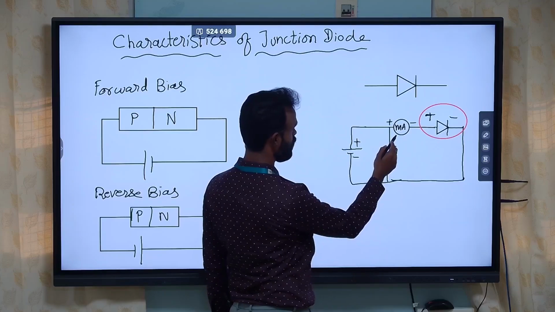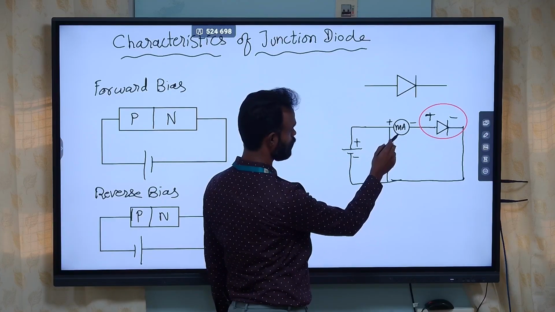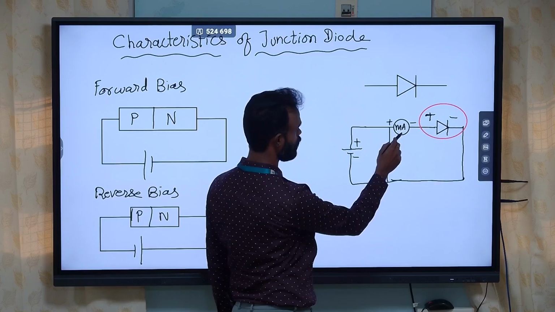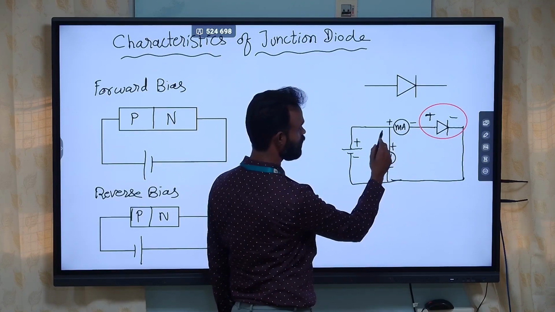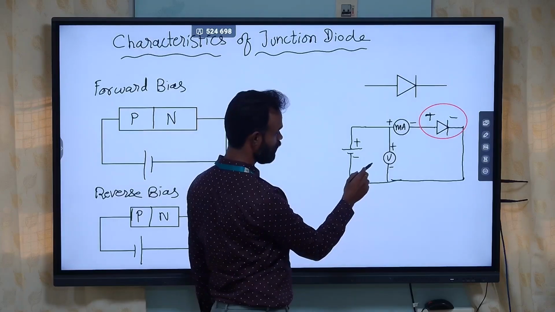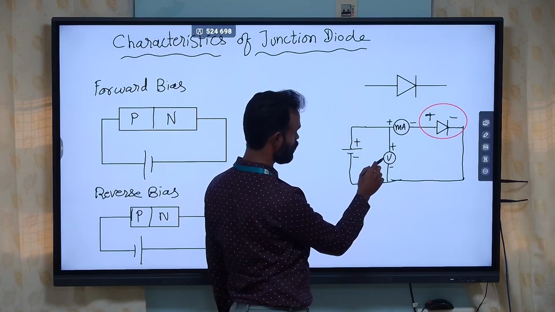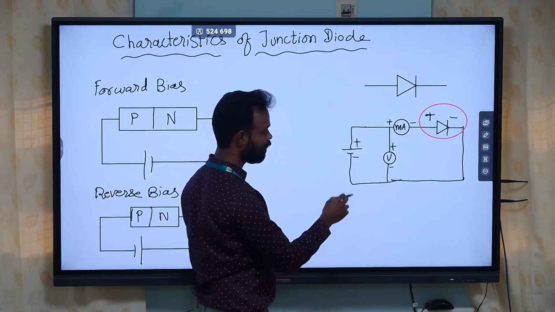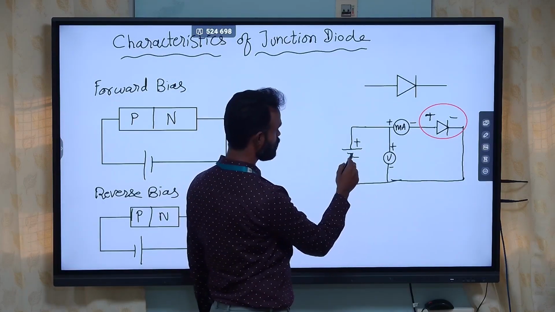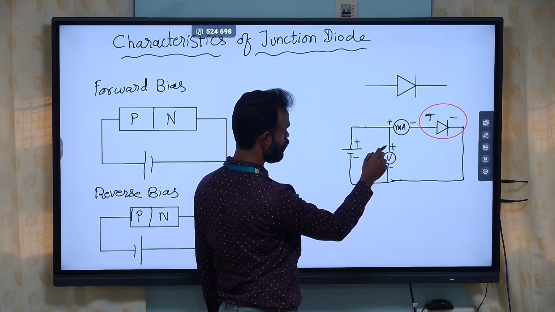Here, when we are measuring the current, that is ampere, the milliammeter is connected to this circuit. This is connected in series, and when we want to measure the voltage, it is connected in parallel with the power supply. The power supply is connected parallel to the voltmeter.